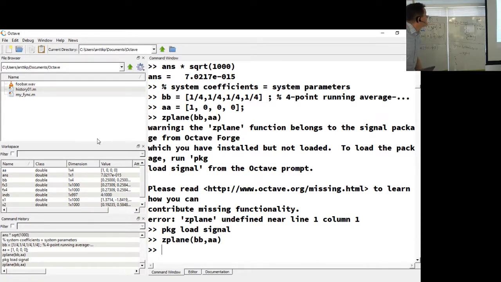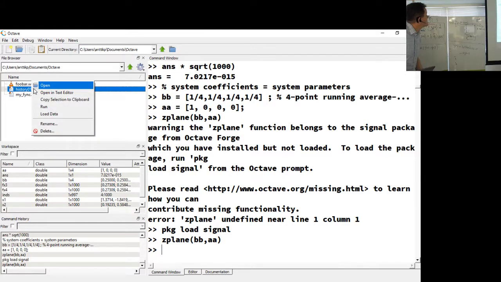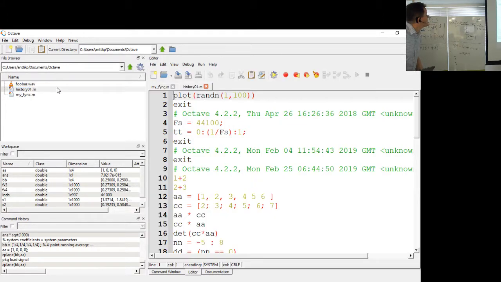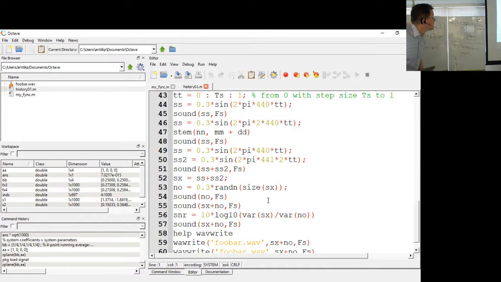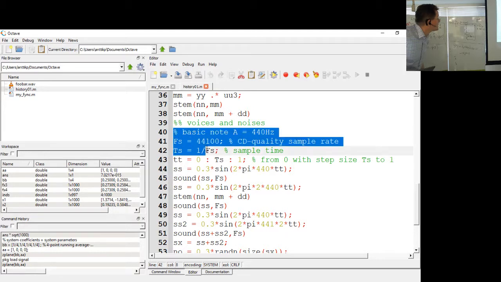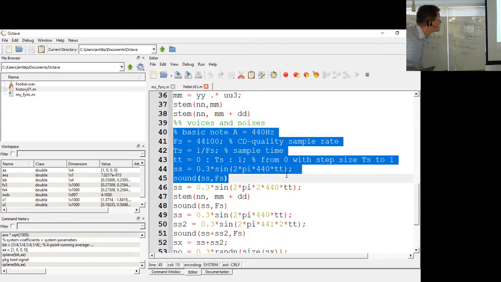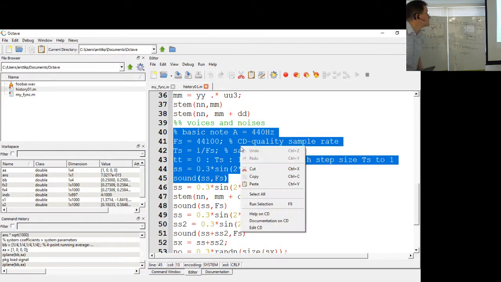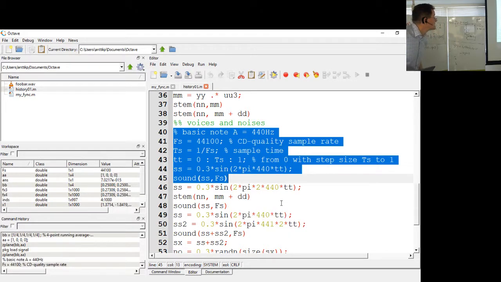First, let's see, I will open that one and find what I did last time. Okay, basic note, 440 hertz sound. Okay, run selection. Yeah, that's my signal.